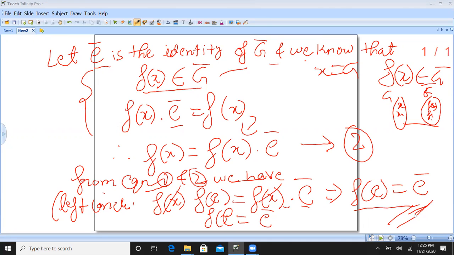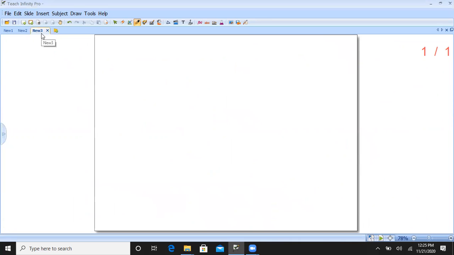Okay, afterwards, the second condition. So I will go with the second condition now. Condition number 2, that is, f of x bar is equal to f of x whole bar, for all x belongs to G. Okay, so this is the second proof.